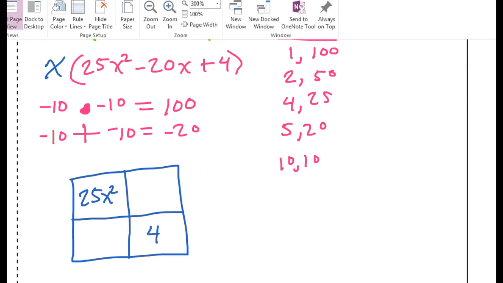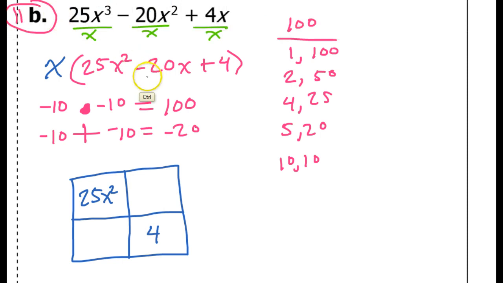In the other two squares, we are going to take this negative 20 and split it up using the two numbers that we just found. So instead of having negative 20, we will have negative 10x and negative 10x, which we will write here and here. Now we will do the GCF of every row and every column.